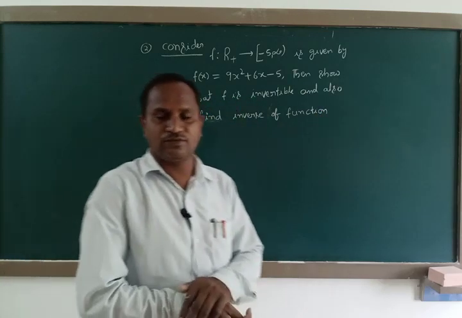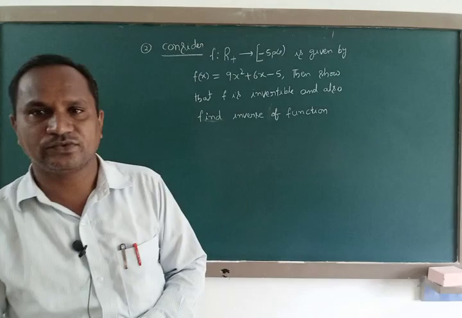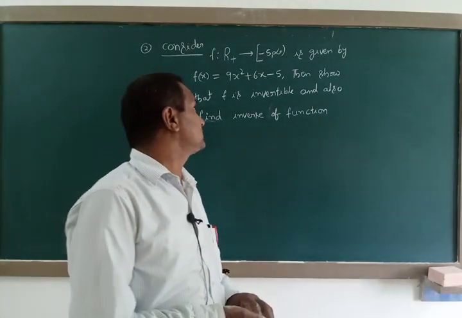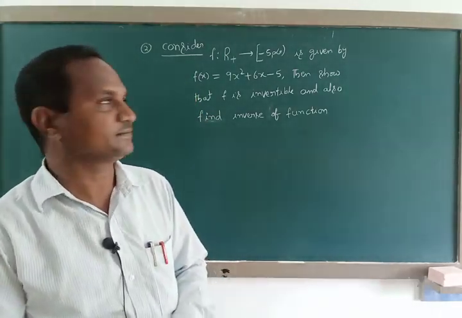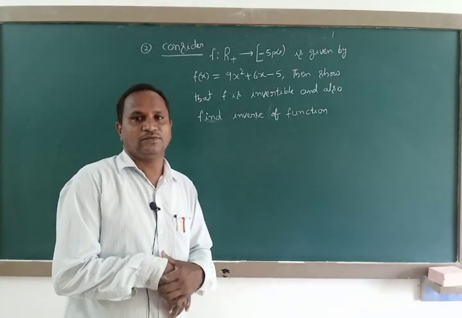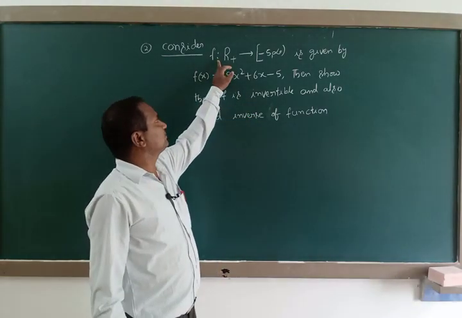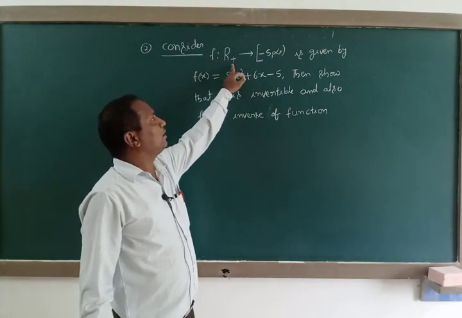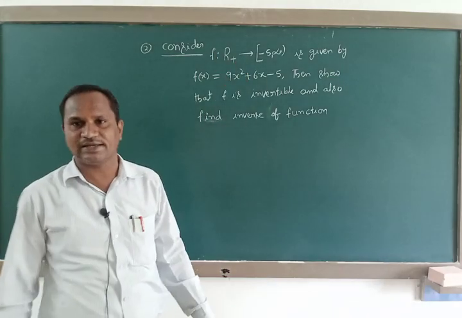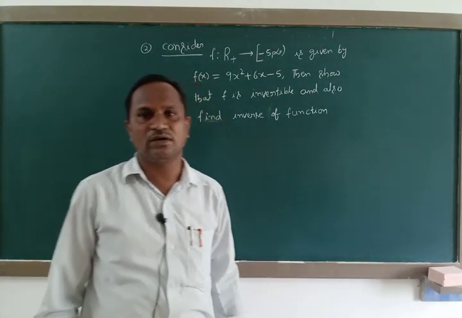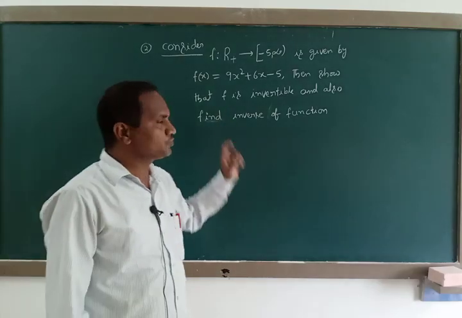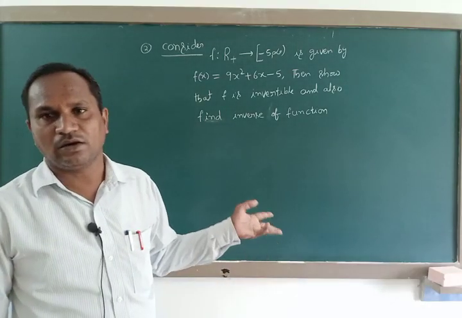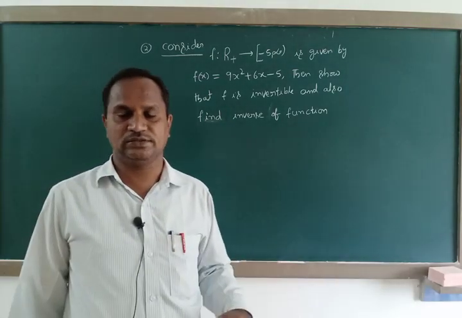They gave one function, f of x is equal to 9x square plus 6x minus 5. It is defined on the number system. F maps from R plus to the closed interval minus 5 comma infinity open interval. How to show f is invertible and also find the inverse of the function?